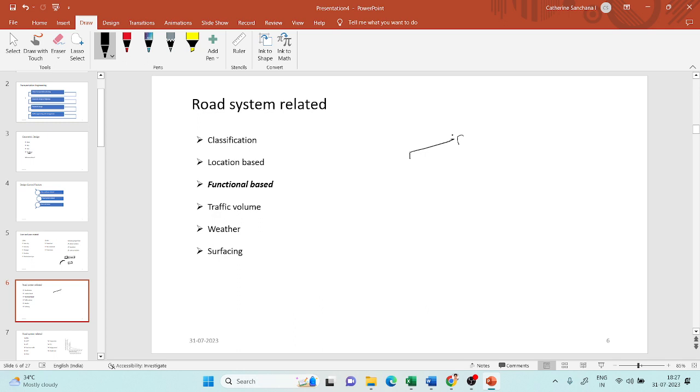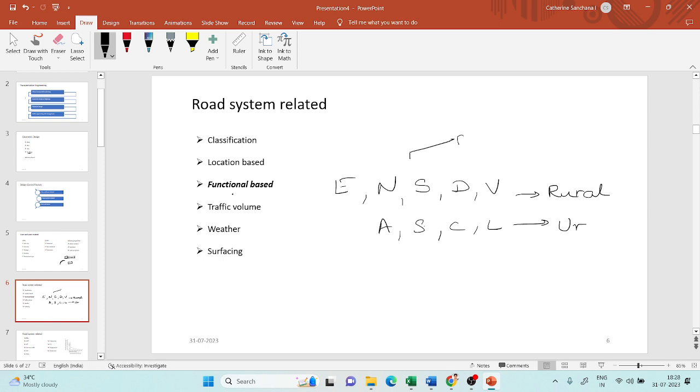Functional based and location are more or less related. For functional classification, there are well-known classifications which we have heard about: expressway, national highway, state highway, district roads, village roads, and arterial, subarterial, collector, and local. These can be considered as rural roads, and those as urban roads.